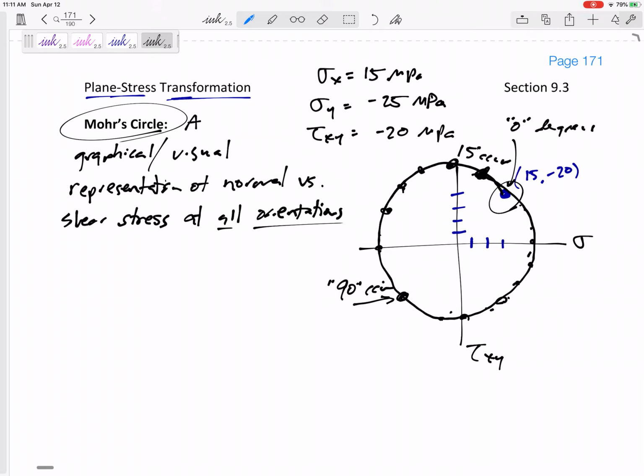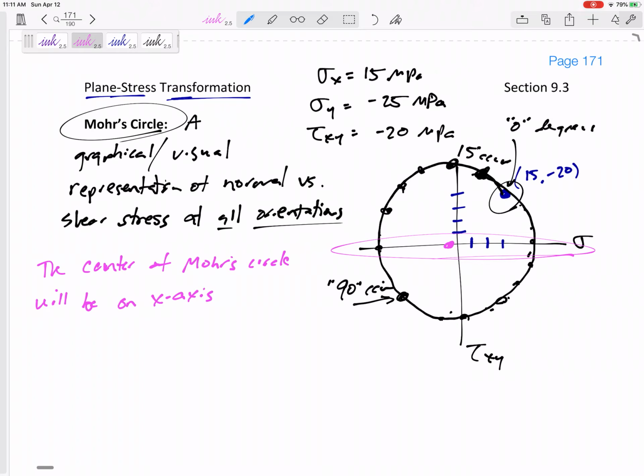But a few things about Mohr's Circle. The center of Mohr's Circle, maybe right here, will be on the x-axis. Your Mohr's Circle will be centered somewhere on the axis. It will be symmetric above and below the x-axis. It is not usually going to be symmetric about the y-axis.